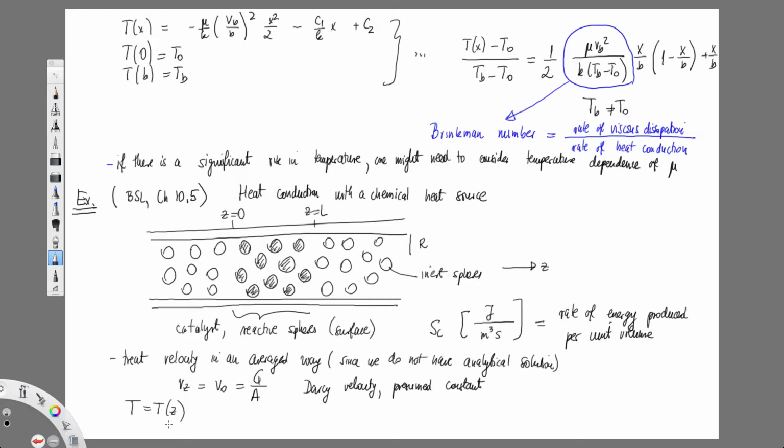What I know about SC, something that I measure, is that SC is some coefficient SC1 that I know, and some function of my temperature difference. One thing that I can control is T0 and T1. So there is a T0 going here and T1.